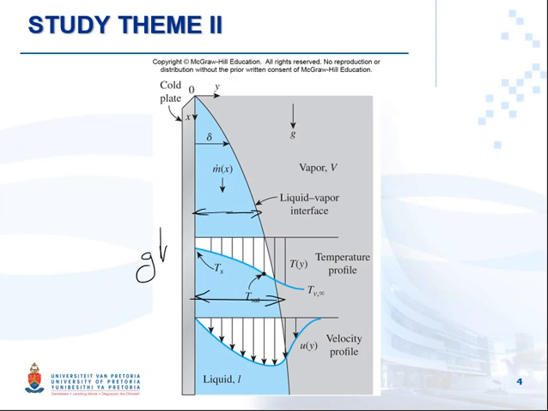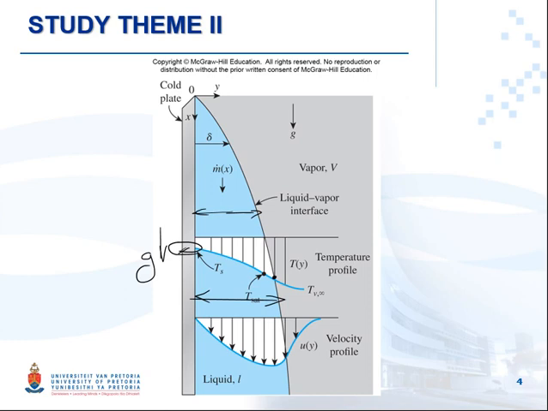If we look at the temperature profile of the condensate, it is Tsat at the interface and decreases gradually to Ts at the wall, because if you remember we said that the temperature of the surface is lower than Tsat. So from Tsat at the interface it goes down to Ts, which is the temperature at the surface.